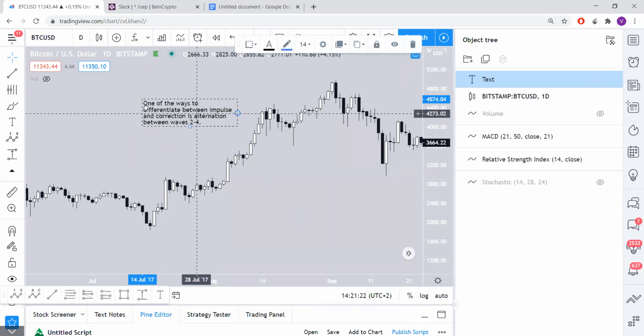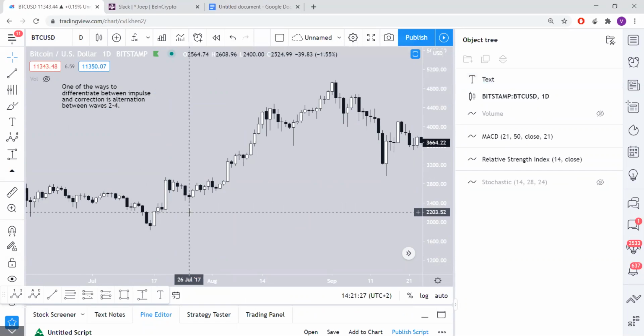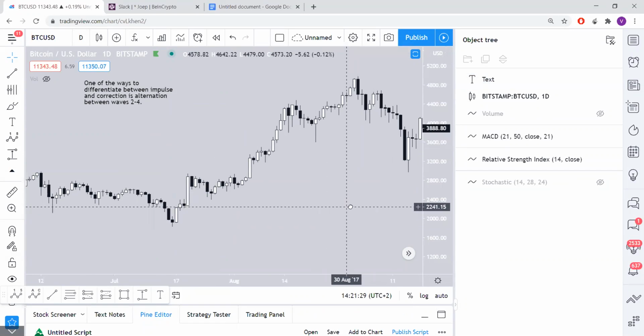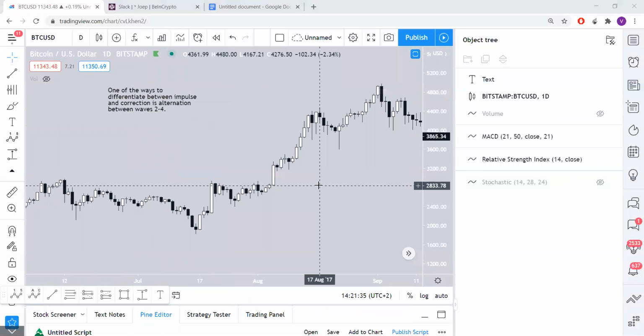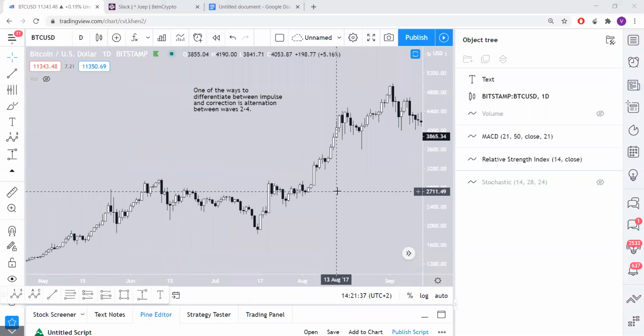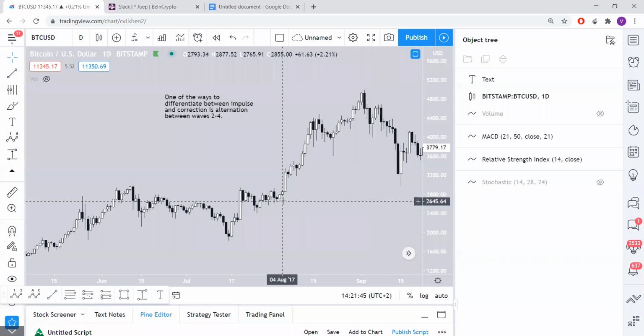So if waves 2 and 4 are exactly identical to each other, then your count is probably not correct. You probably miscounted it. It's maybe a wave of a larger or smaller degree, maybe a complex correction, but it's probably not the proper impulse, like you haven't counted the waves the way you should.